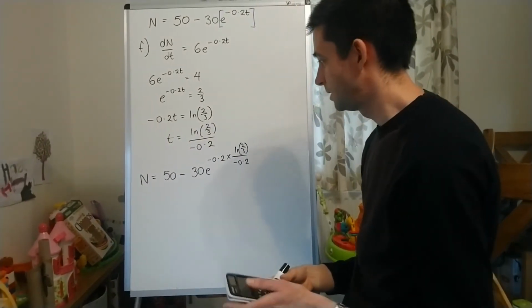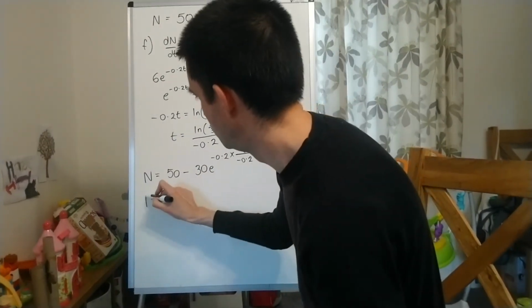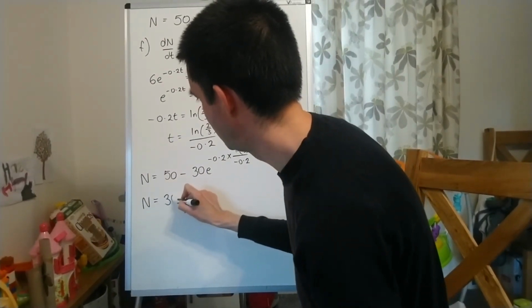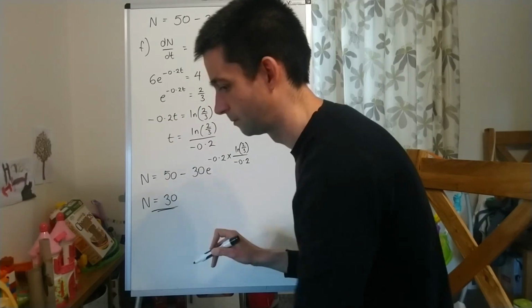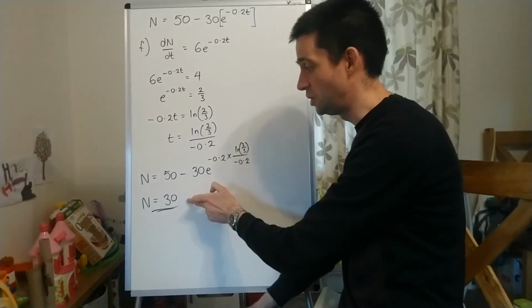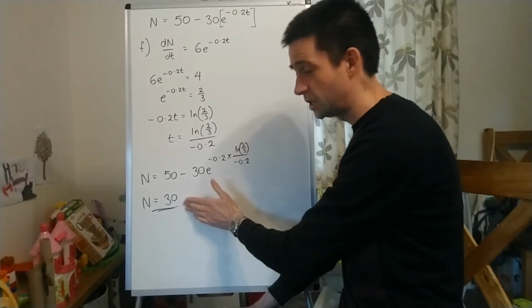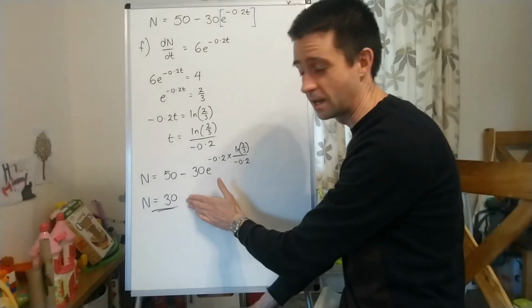And if I type that into a calculator, it comes out, would you believe, as exactly 30. So do not find this value, round it and then put it in, because then you won't get exactly 30. 30 is the final answer. You must get 30 as the exact value.